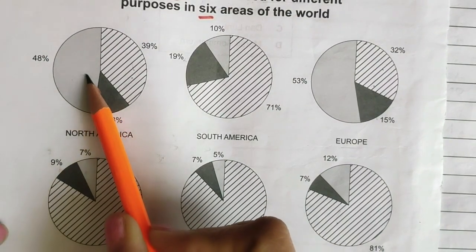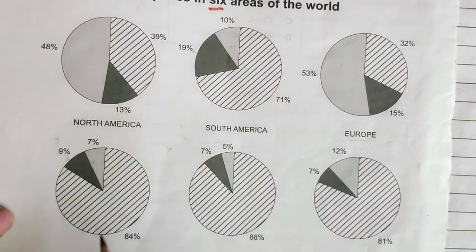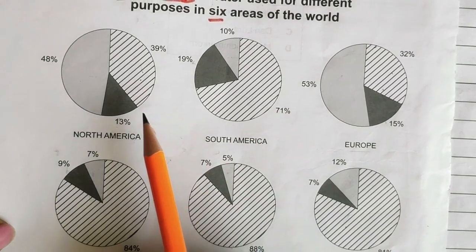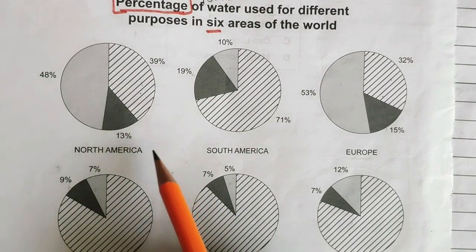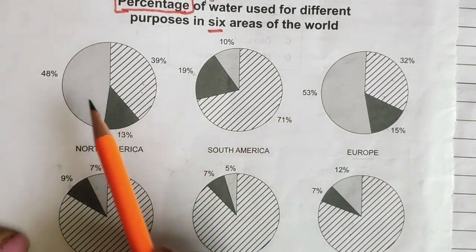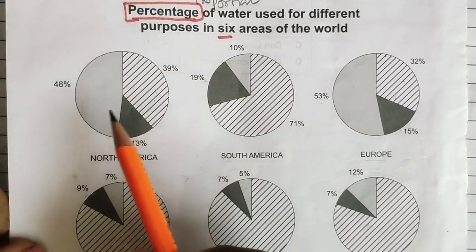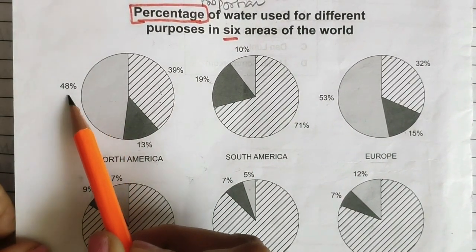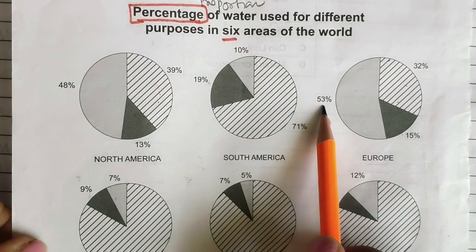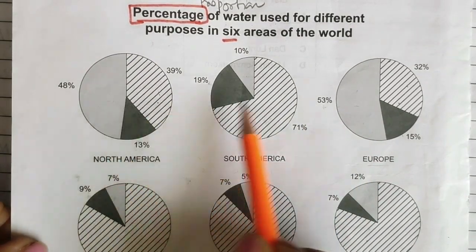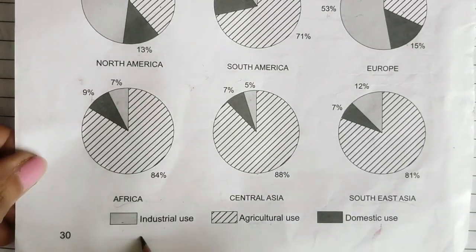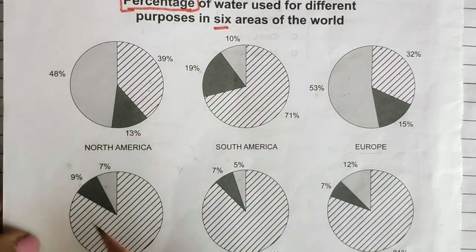Here 48%, 10%, 53%, 7%, 5%, 12%. So who is the topper here? 48% in North America and 53% in Europe. So they are almost the same, one just below half, 50%, and the other just above 50%. So they are the top users of water for industrial purposes in the whole scenario.